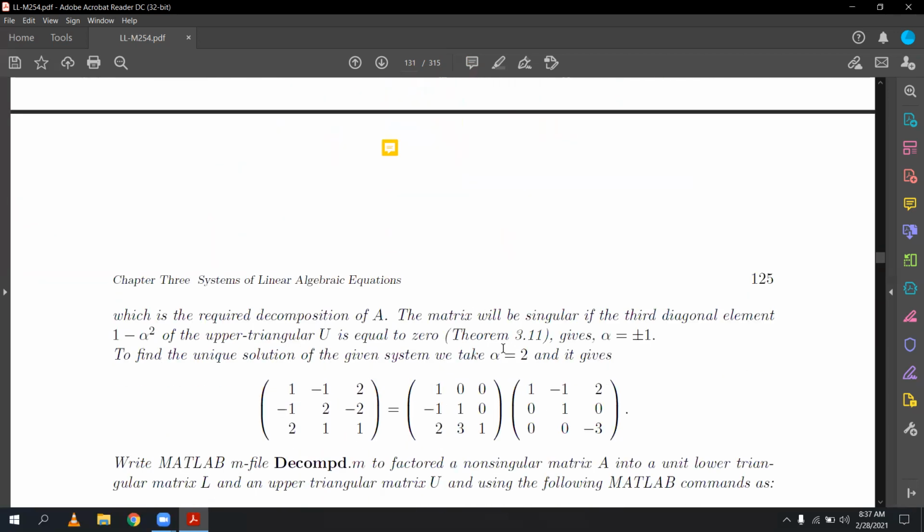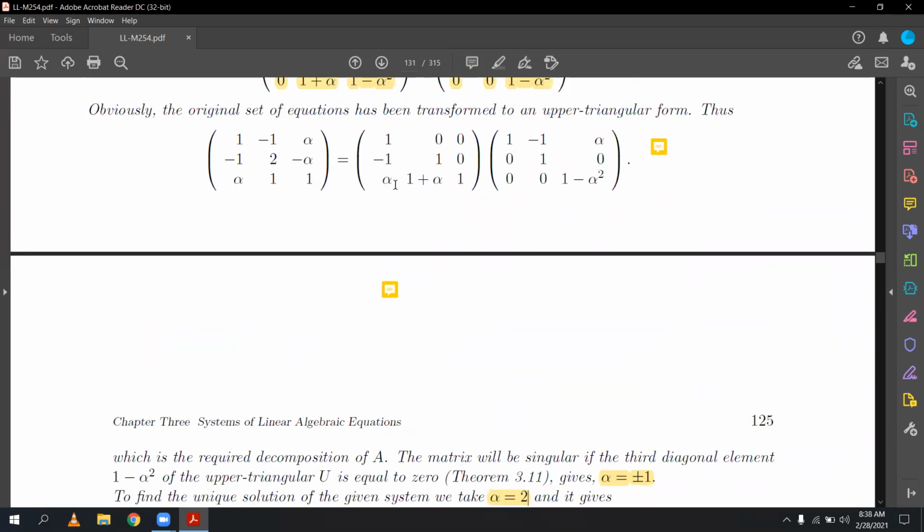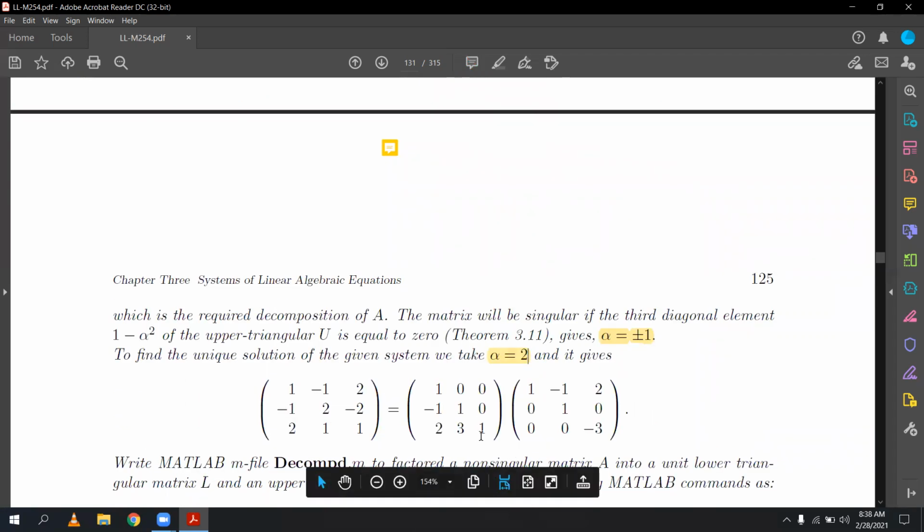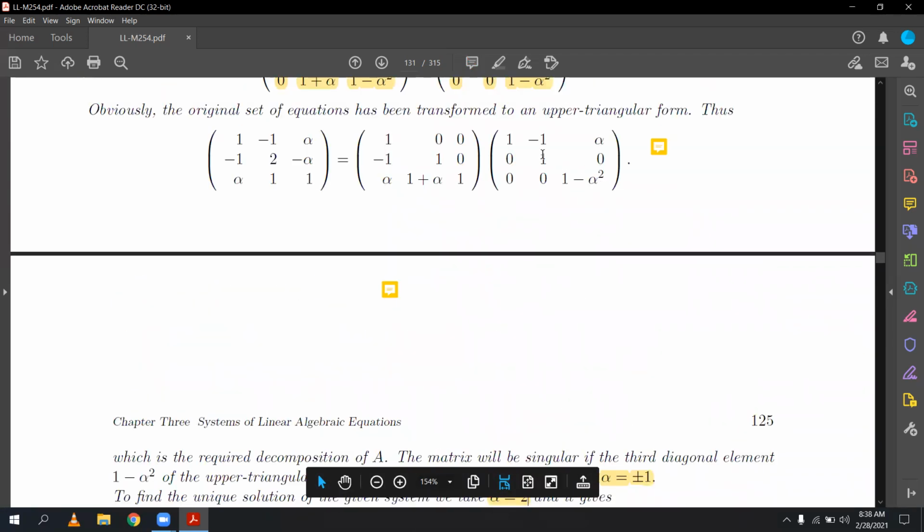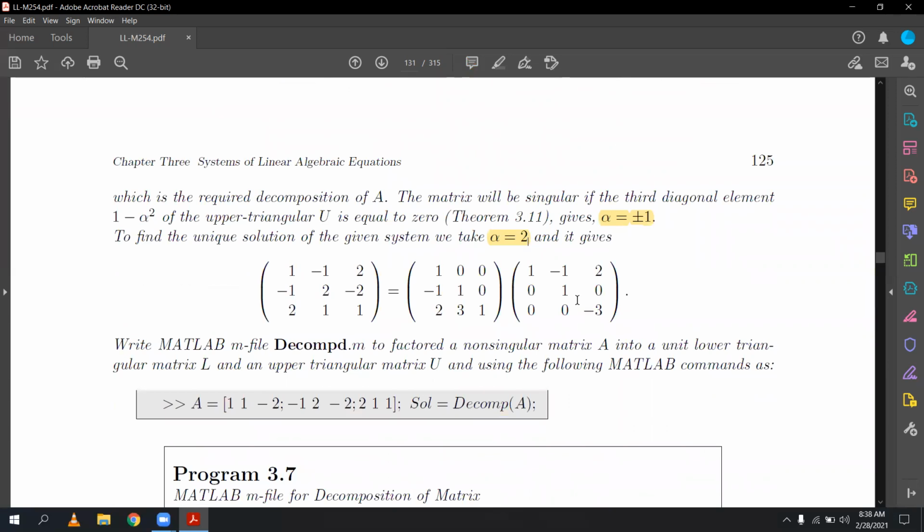The values alpha equal to plus or minus 1 give you the singular case. To find the unique solution, we take the very next smallest positive integer, which is 2, and put 2 in place of alpha. So 1 minus 1, 2, 3, 1 like that here. And in place of alpha you have 2, and 1 minus 2 squared is 1 minus 4, so minus 3. So we have this shape here.